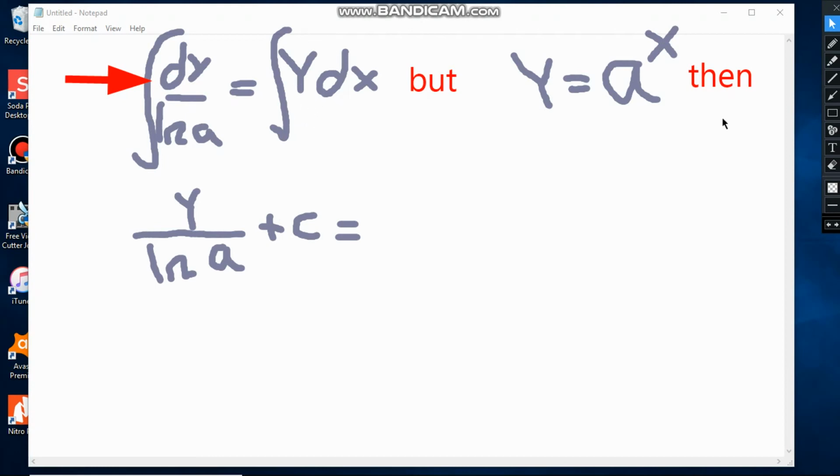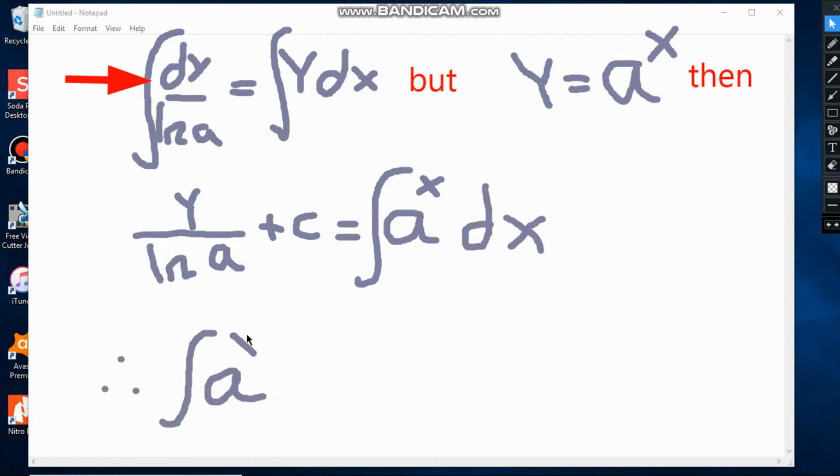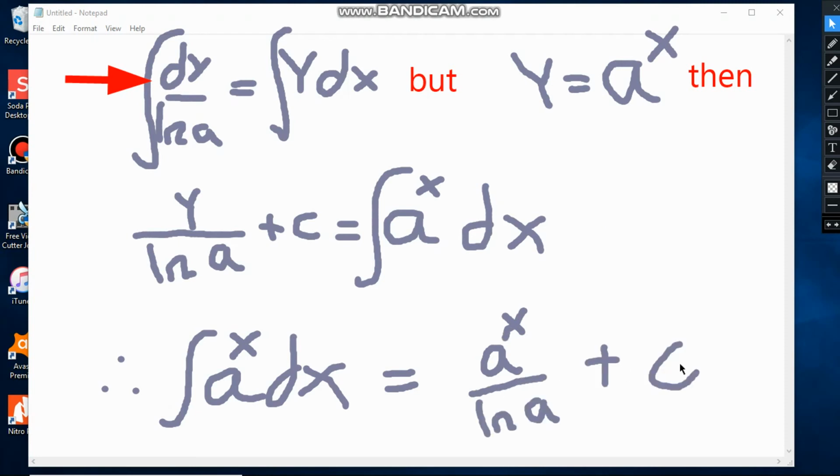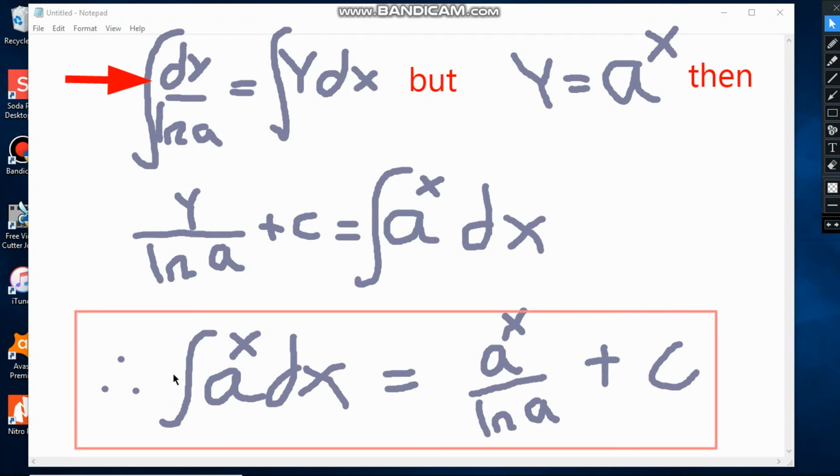What is y? y is a raised to x. So we get integral of a raised to x dx. Therefore, integral of a raised to x dx is equal to y, which is a raised to x divided by ln of a plus constant. And this is a general result for integral of a raised to x dx.